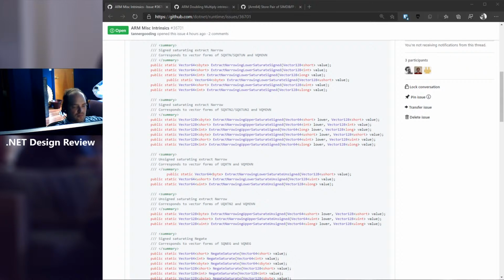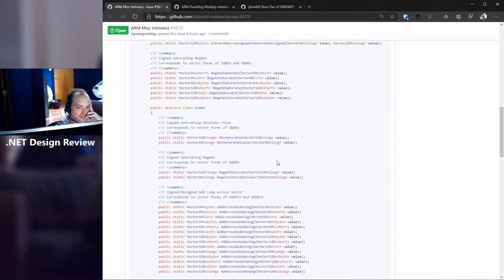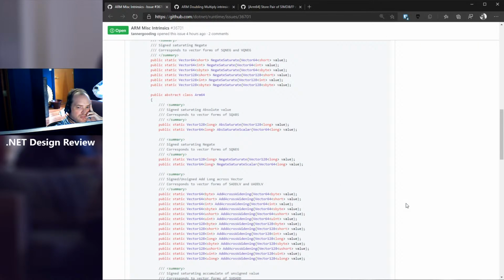And then following that, negate saturate, which is just negate, but it returns a saturated result. And then for ARM64, abs saturate and saturate variants that take long.